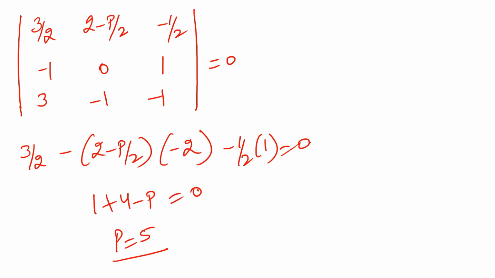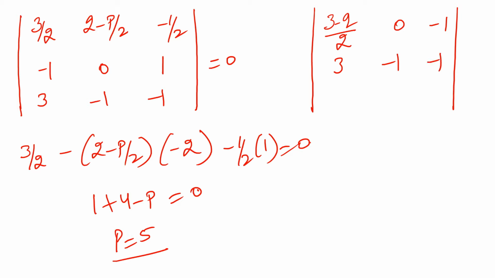Now if we consider L1 and L3, then the determinant is going to be determinant 3 minus Q by 2, right? Then 0, then minus 1. In the second row, we'll be having 3, minus 1, then minus 1, and 1, minus 1, 1 equal to 0.